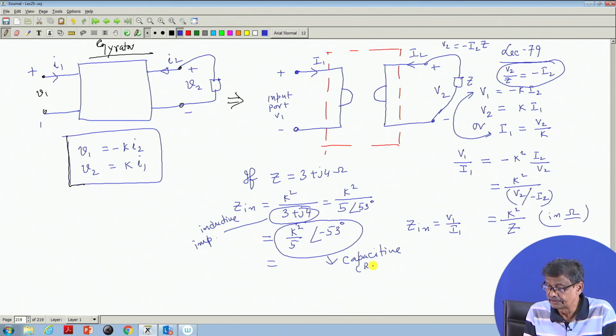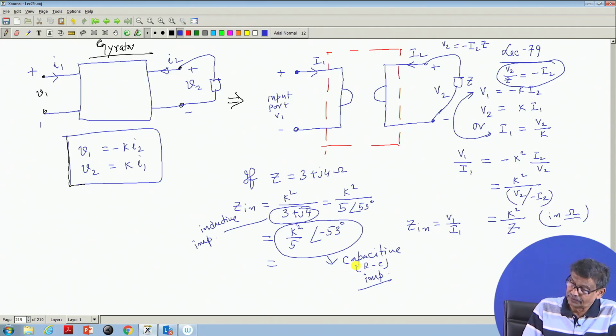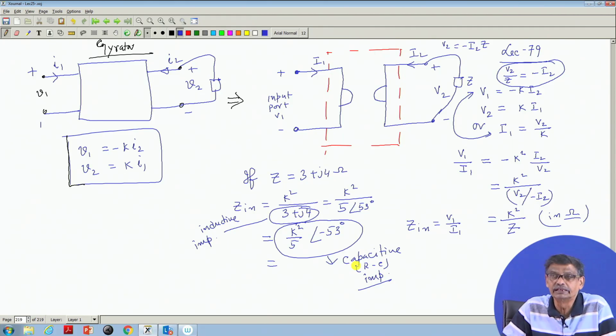Therefore, unlike a transformer, it not only changes the magnitude of the impedance, but the nature of the impedance is also reversed, because Z comes below. It is not k square into Z as it happens in a transformer.